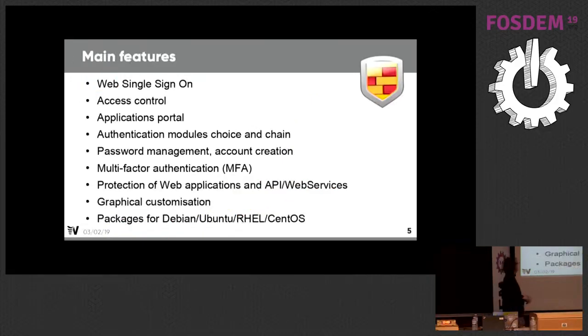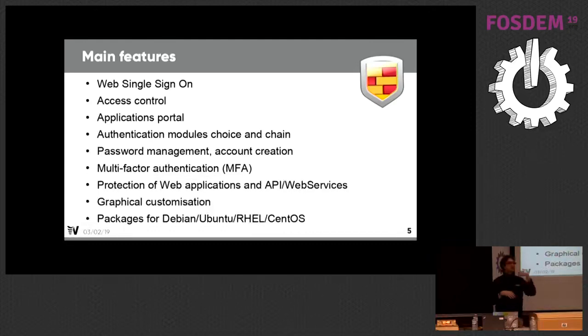So what are the main features? Of course, web single sign-on, but we also provide access control. It means that you can configure in the centralized database which are the access rules to the application.